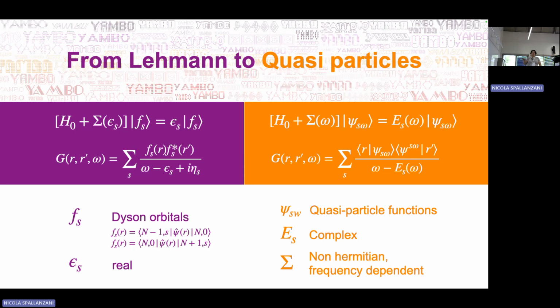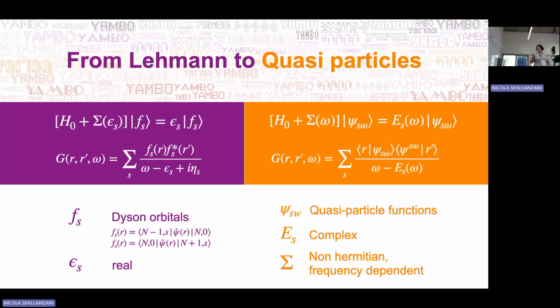So the number of these energies is much smaller than these ones, and of course we pay. What we have to pay to do this simplification is that now we have these energies that are complex, and this self-energy, our potential that we're considering here, is now non-Hermitian and frequency dependent. So it's a very complex object.